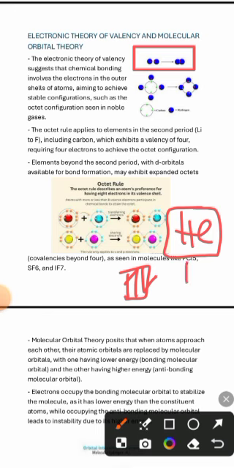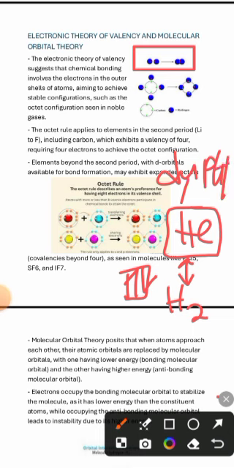So the hydrogen molecule is equivalent to the helium atom in stability. This rule is called the duplet rule, the filling of two electrons. That is for the first shell.